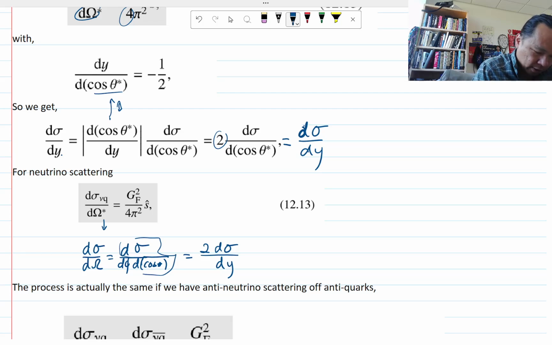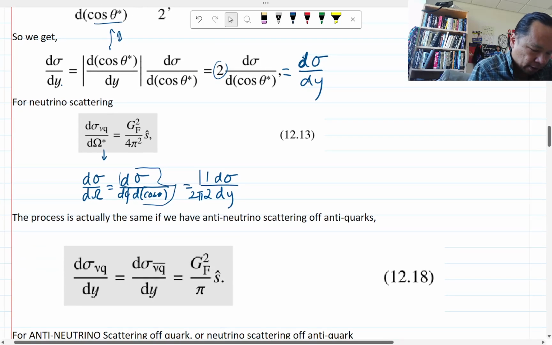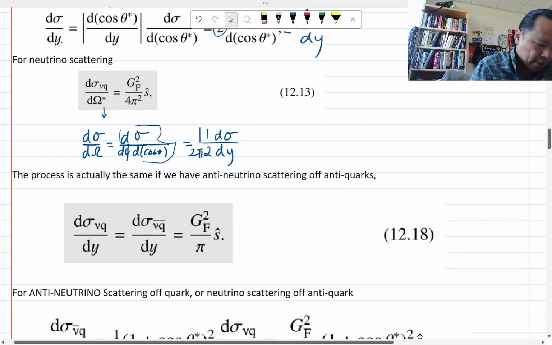If you integrate out this d phi, you basically get a factor. Oops, this is actually 1/2. If you integrate out this d phi, what you end up with is a factor of 2 pi. Sorry. Okay.